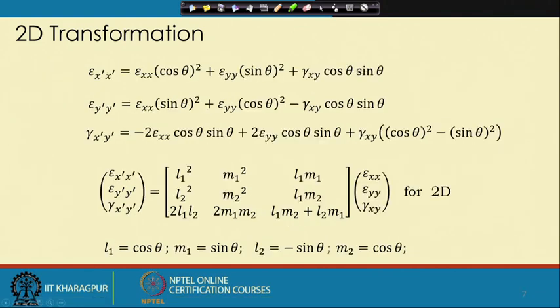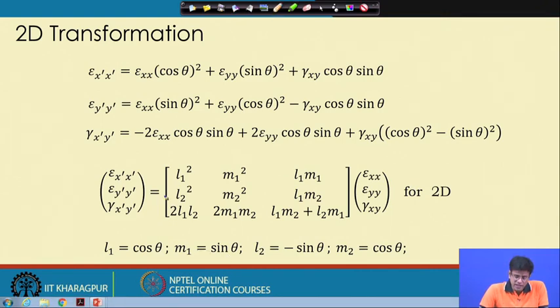So let us see how it looks. This is the formula, and if we substitute L1 equals cos theta, M1 equals sin theta, L2 equals minus sin theta, M2 equals cos theta, then we get this T epsilon. So T epsilon we get from these formulas.